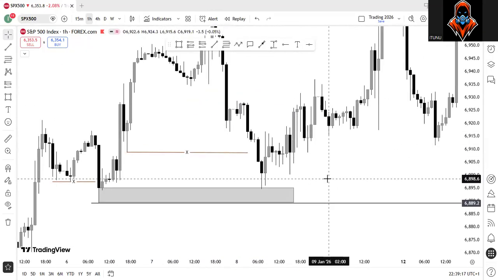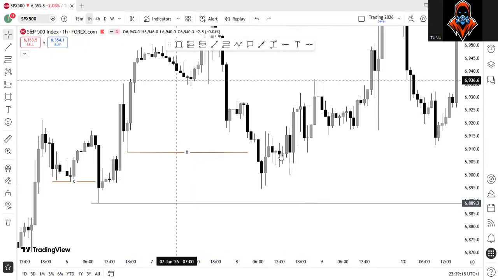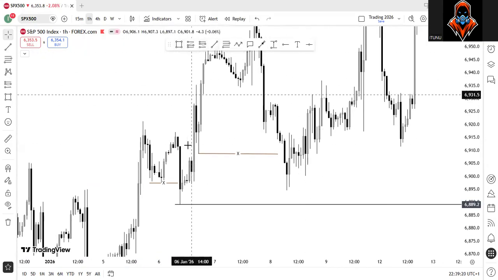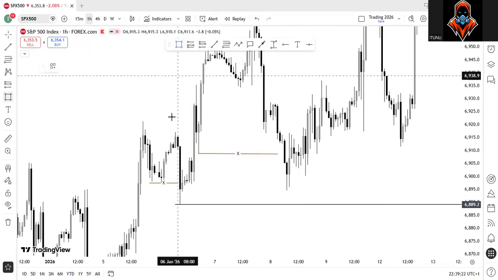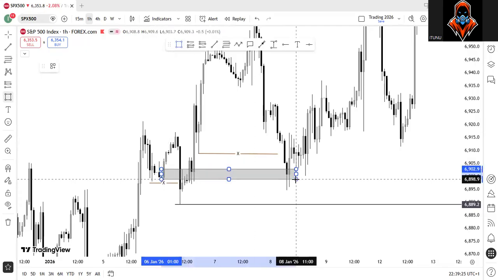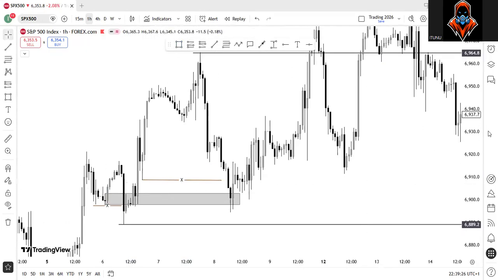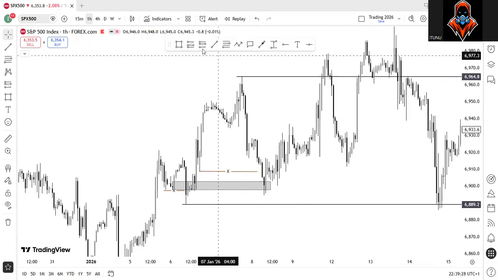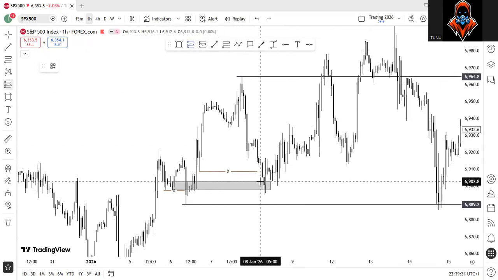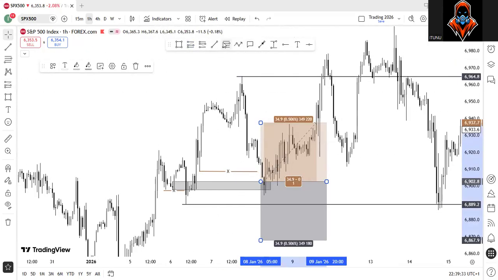But what I would have done, because I do not like to miss out on my trades, is use the liquidity sweep to catch the first move. So this is a type 1 setup.